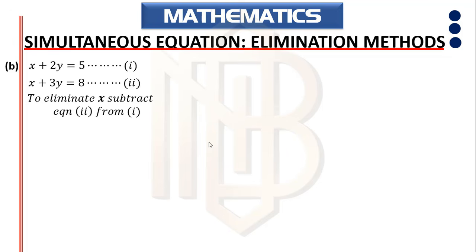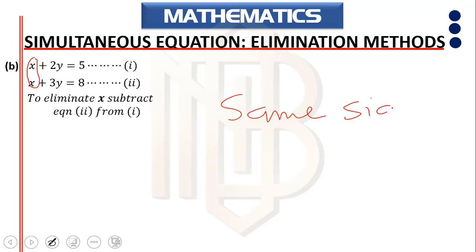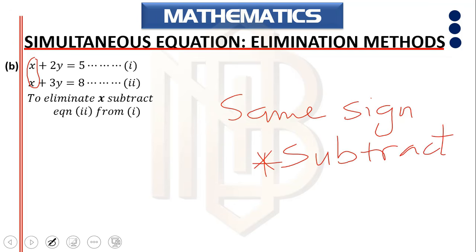For us to subtract, we take a look at the value we are eliminating, which is x in this case, and the values here, 1 and 1, are both having the same sign. So same sign means we subtract.